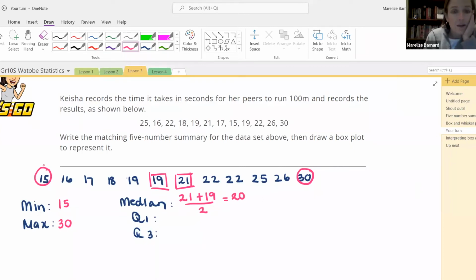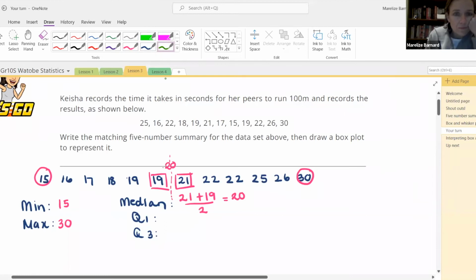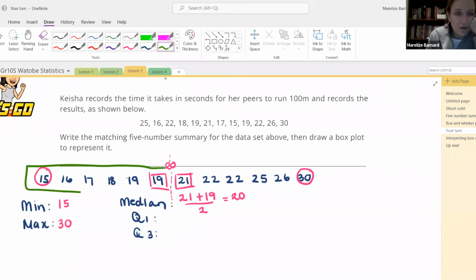Okay, now 20 sits here. So when you divide your data in half, that's where the split must be. So we're going to look at this as the lower half, and this is the upper half.